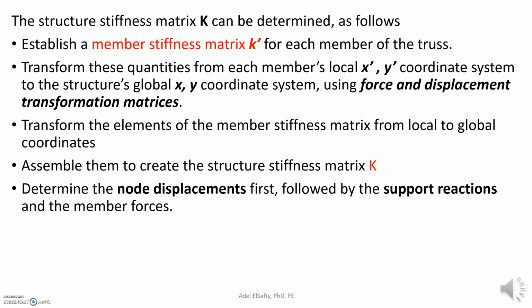Number 1, establish the member stiffness matrix K prime. And then transform the elements of the member stiffness matrix from local to global coordinates, assemble them, and find out the total stiffness matrix. We will touch on that in the coming lecture. Thank you so much, and we will meet shortly.